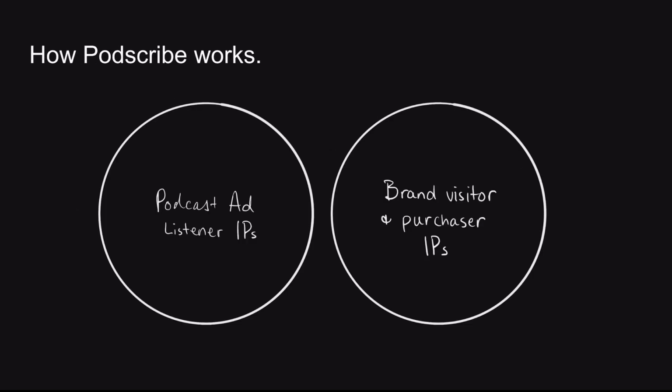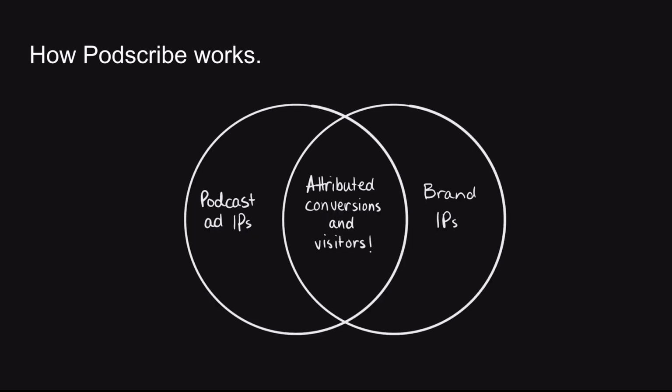To begin, I thought it would be super helpful to have a mental model of how Podscribe works, because if you understand this, you will be able to fix 95% of the problems that come up as you go through. So the way that Podscribe works is we get all of the people who listen to a podcast ad, we get all of the people who visit or purchase from a brand, and then we try and figure out which people are on both of those lists.